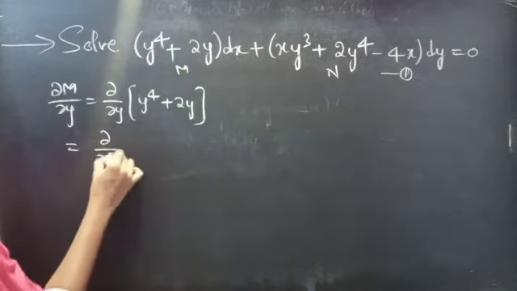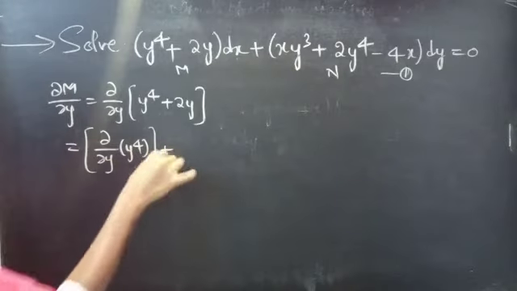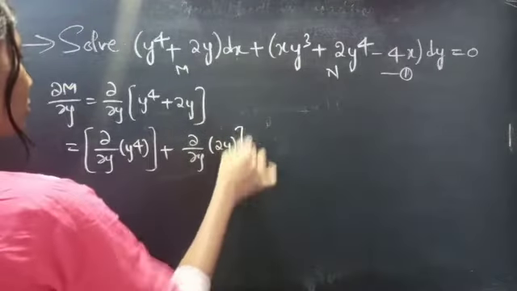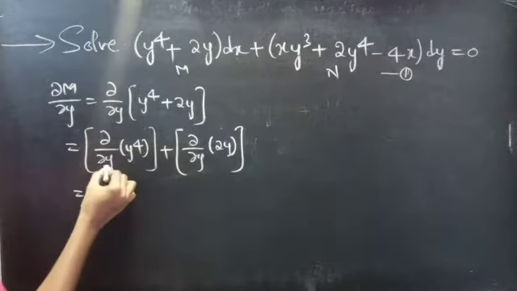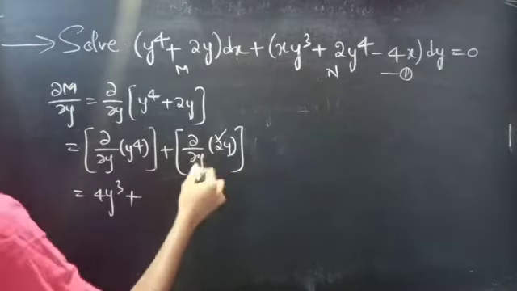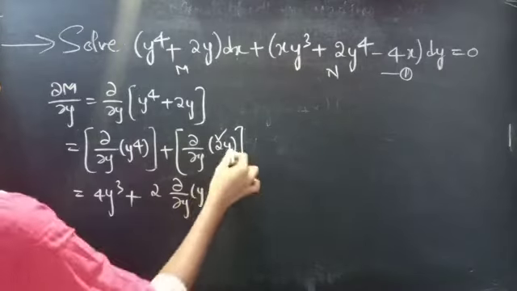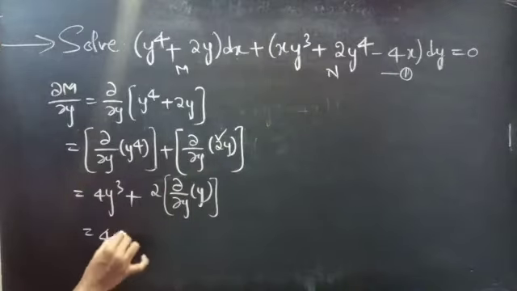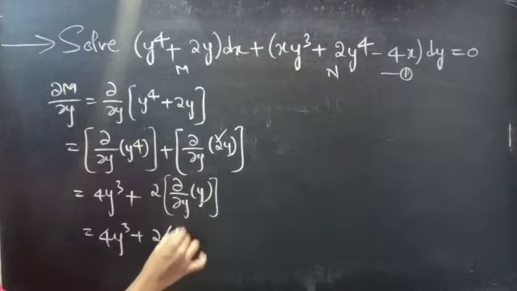Partial derivative of the first term plus partial derivative of the second term: partial derivative of y^4 with respect to y is 4y^3, plus 2 is constant, so 2 times partial derivative of y with respect to y, which is 1.